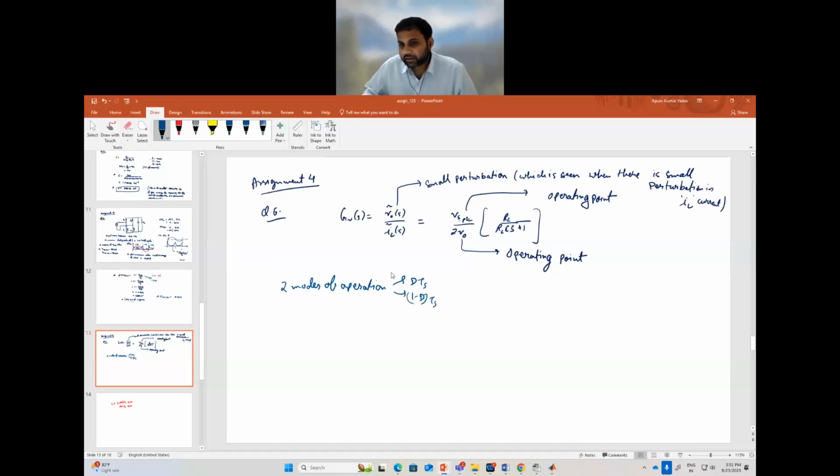So that is why the current going through the inductor comes from completely two different circuits. So what we have done there is take those two circuits and do the averaging of that. The first step was averaging, and after that we obtained the average large signal model, and then we gave a small perturbation to those operating points.